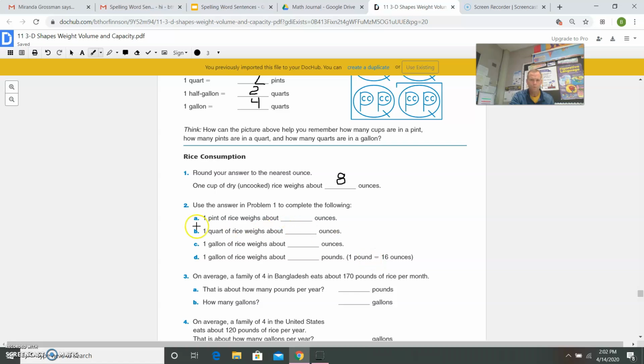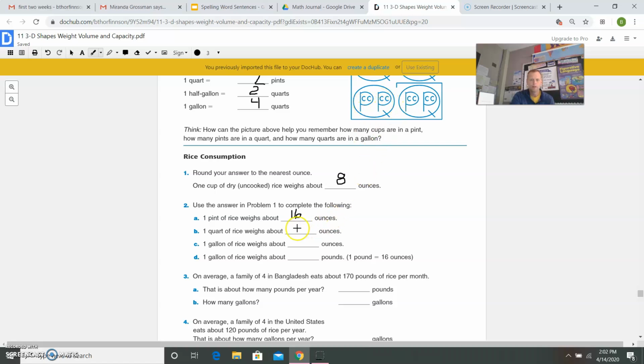Okay, well, if we use the answer for problem 1, which is this, 8 ounces, 1 pint, well, if 1 cup equals 8, there's 2 cups in 1 pint. 1 pint would be 16 ounces.